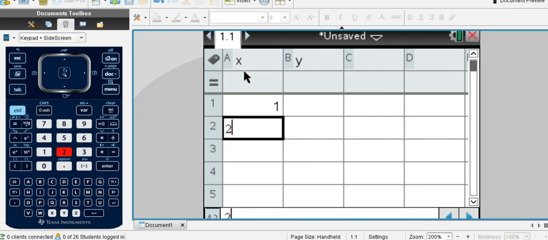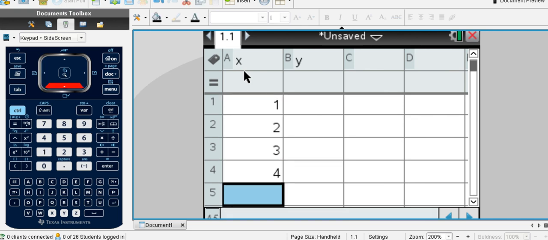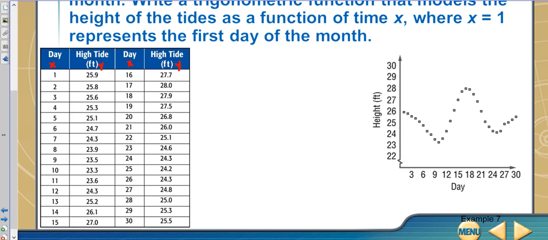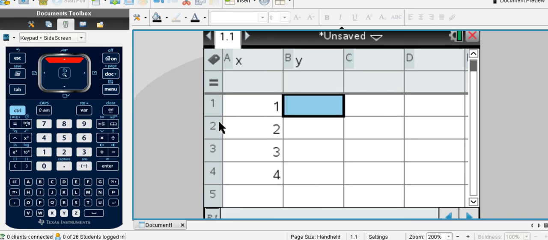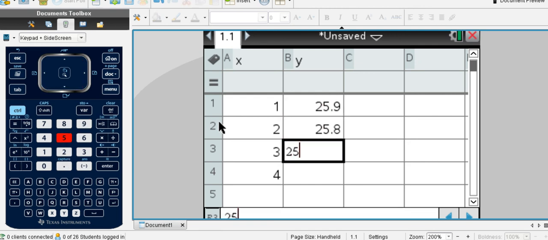We know that the days go from 1, 2, 3, all the way through to 30, and these are the values: 25.9, 25.8, 25.6, and 25.6. And I'll go on, and then I'll pick back up here with you in a second.